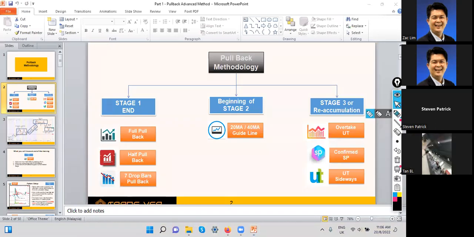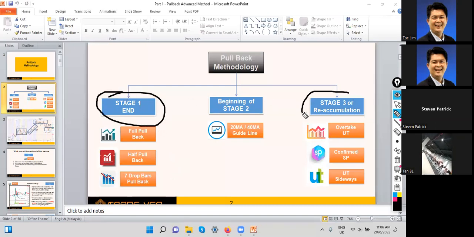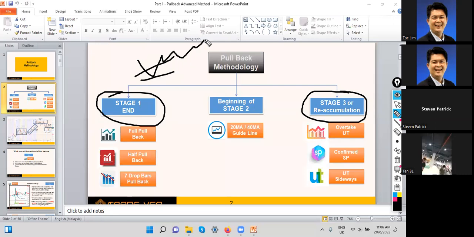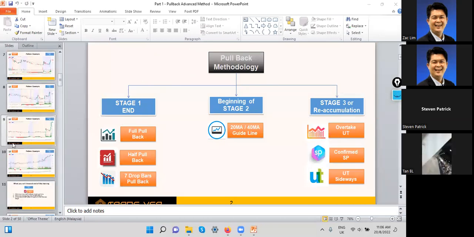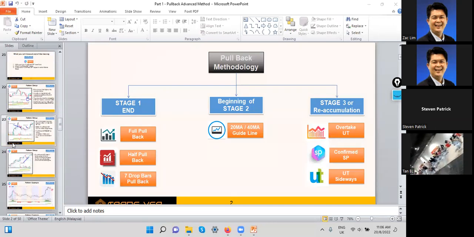We use a lot of patterns when the stock is in stage 1 and in stage 3. When the stock has already started to move, we try to catch the uptrend. We will use this 20 moving average guideline. So we now focus back to this one.